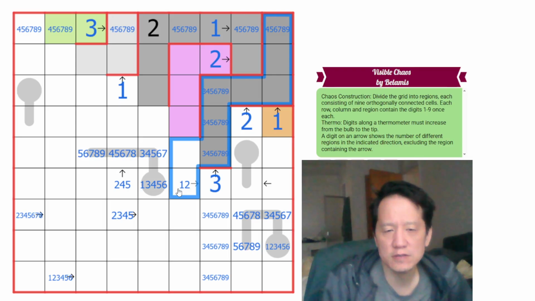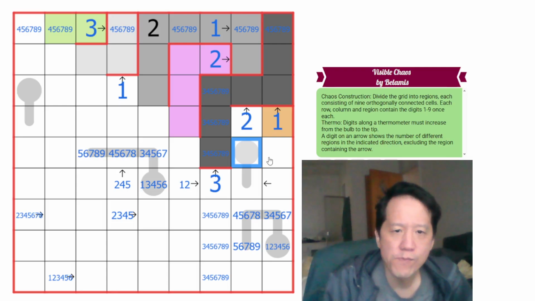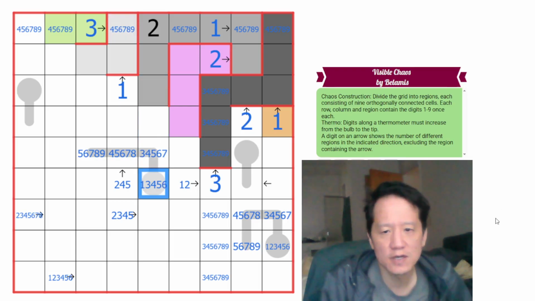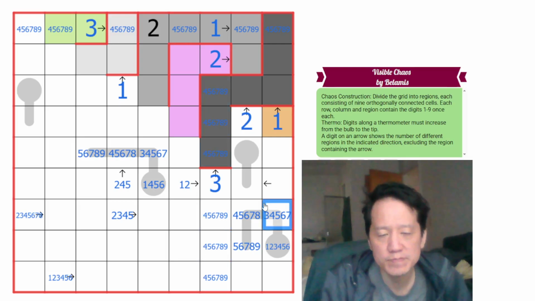So it cannot go this way. It could go here as a 1. That's fine. This can't be 3 either. There's no 3 here. There's no 3 here.